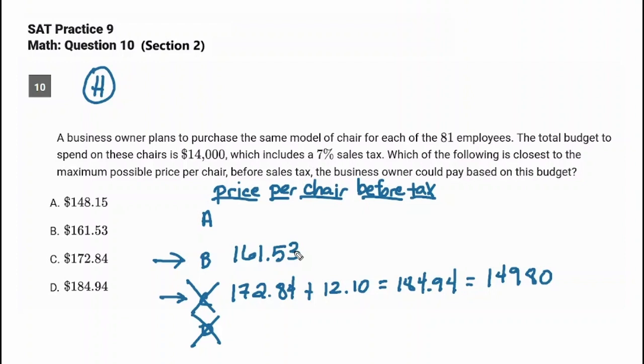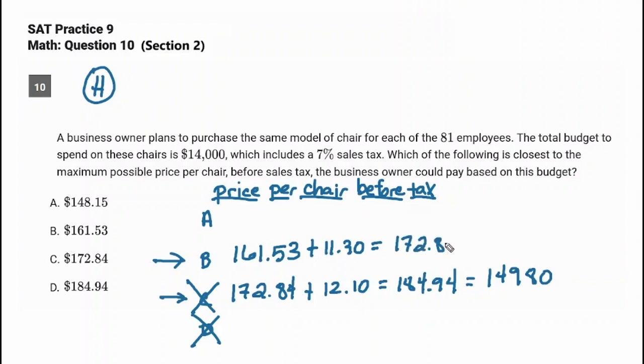161.53 times 0.07, not 0.7. You get about $11.30, but you can just do this decimal number on your calculator, add it back to 161.53, and you're going to get about $172.84.